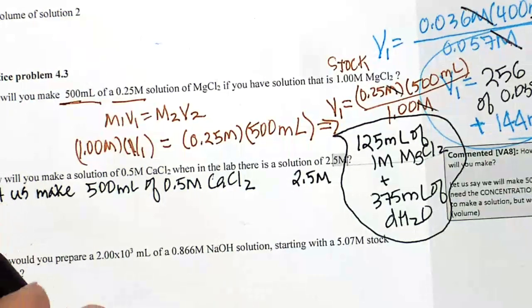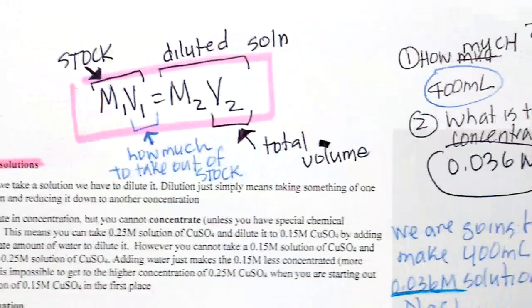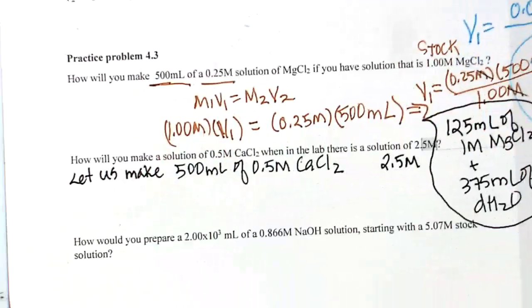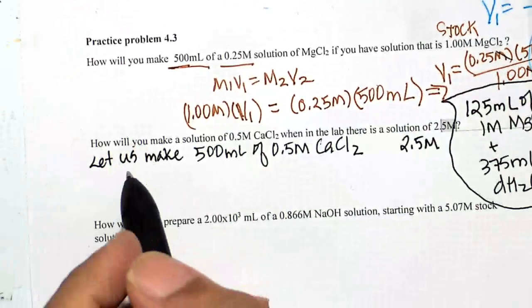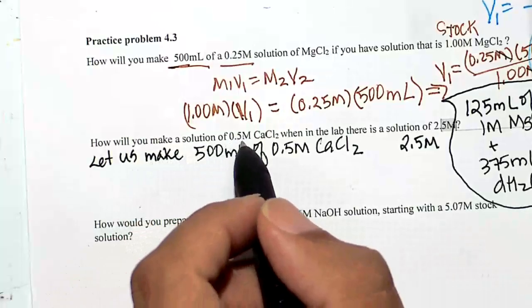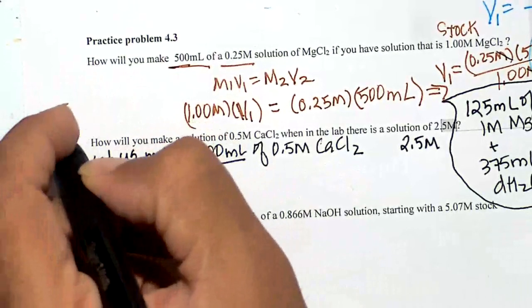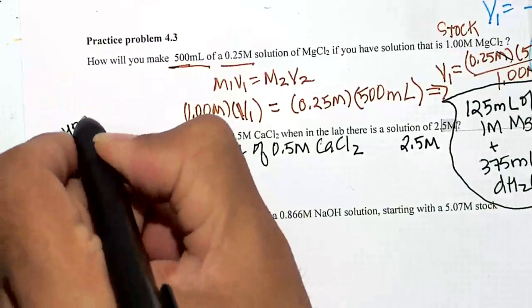So making 500 mL, you need a total volume, kind of like at the very beginning. You need to know how much. Okay, so let us make 500 mLs of 0.5 molar calcium chloride. Okay, we need to know how much, so I just said 500 mLs.